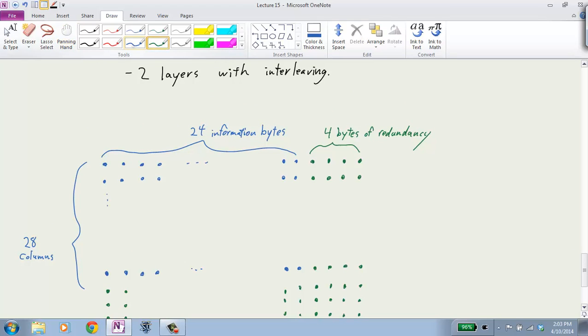So to recap a little bit, what we did was we write the information by row, like this.